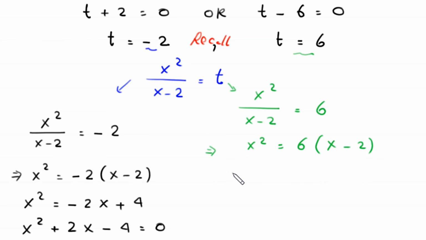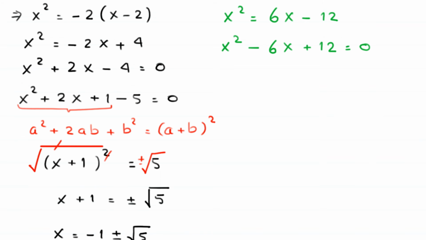Further simplify, this will become x squared equal to 6 times x, 6x, 6 times negative 2, negative 12. Move these two terms to the left hand side, this will become x squared minus 6 times x plus 12 equal to 0.